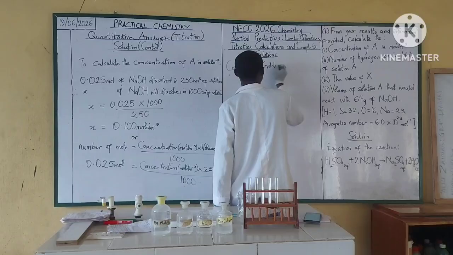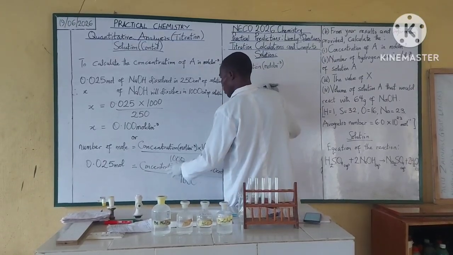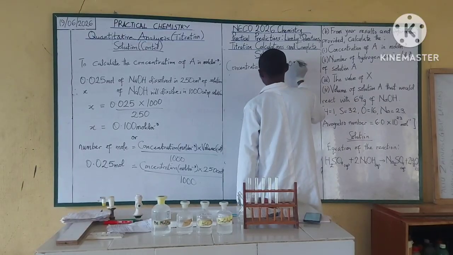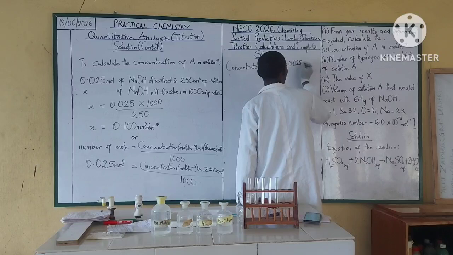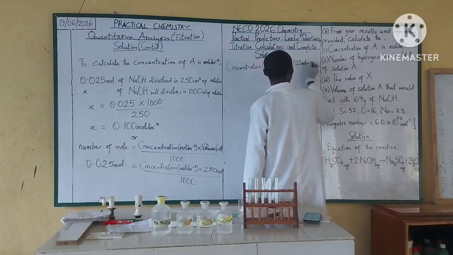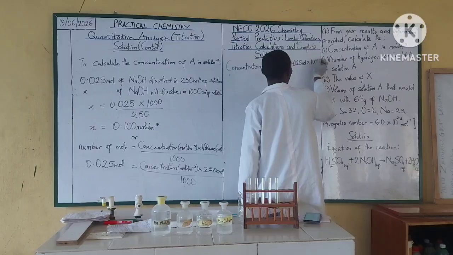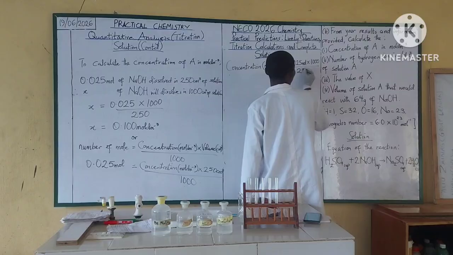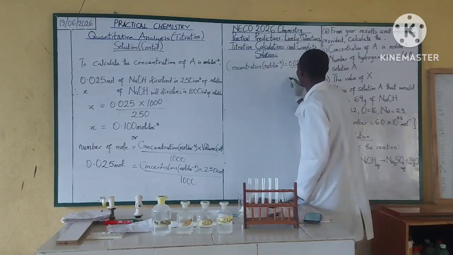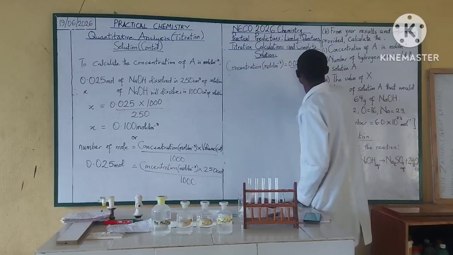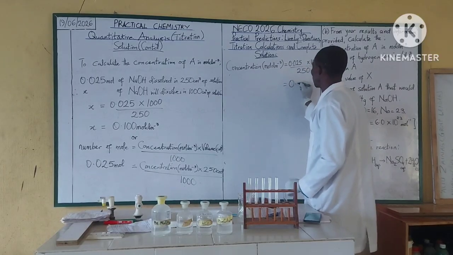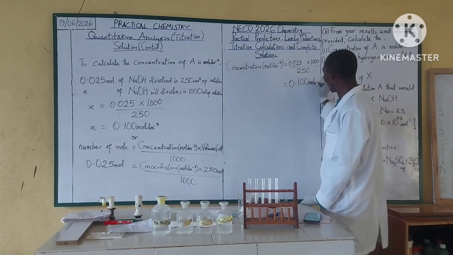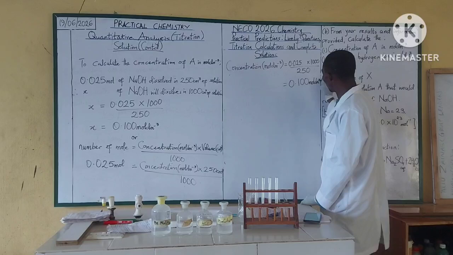Concentration in mole per dm cube should be equal to 0.025 mole multiplied by 1000, divided by 250, and that's going to give us 0.100 mole per dm cube.